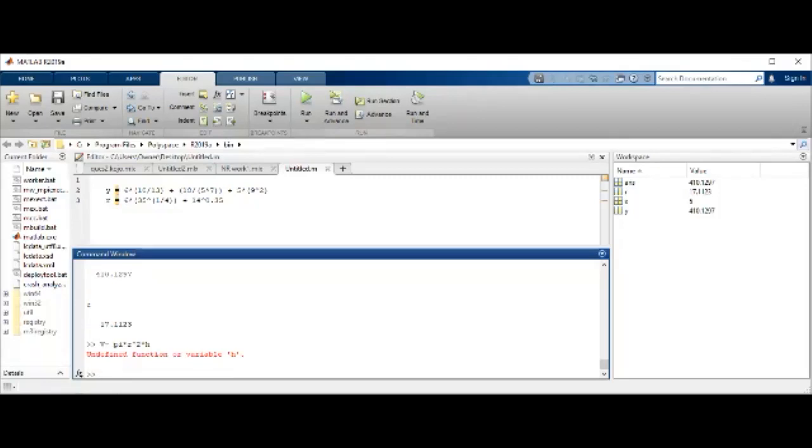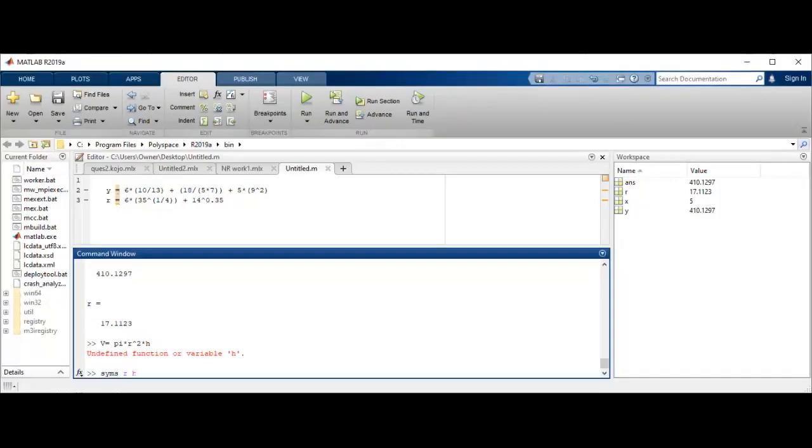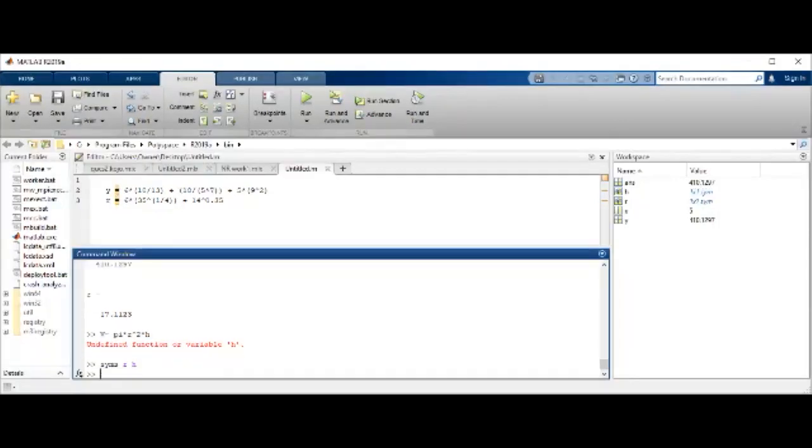MATLAB is saying that the value of H is undefined. So it means you cannot just type this in the command window unless you tell MATLAB that some things are symbols. Like you say syms, then maybe you say R and H. The writings are blurred.